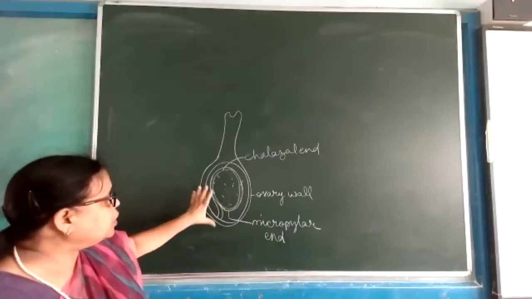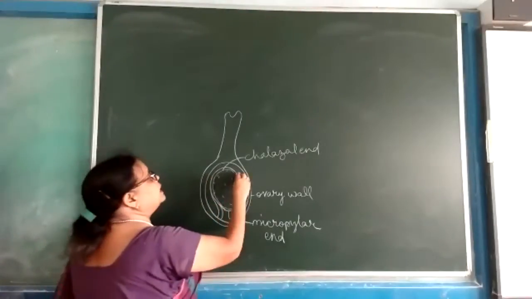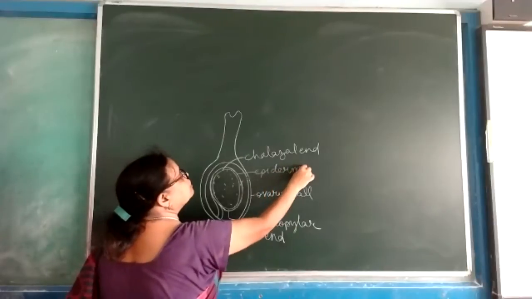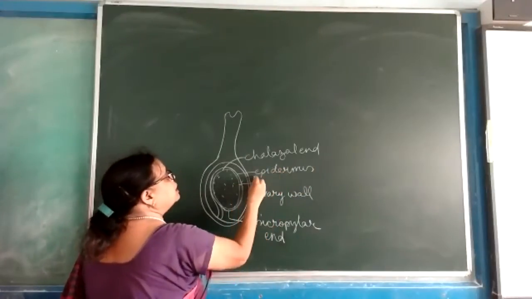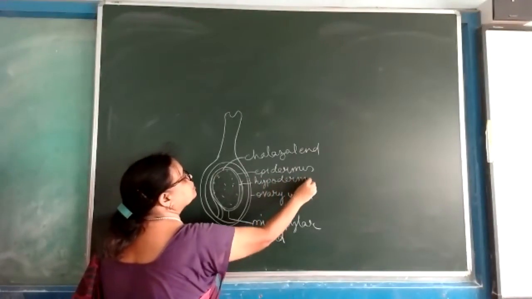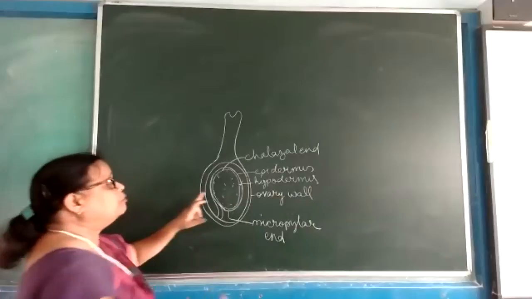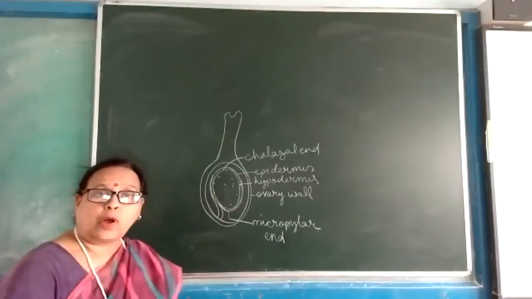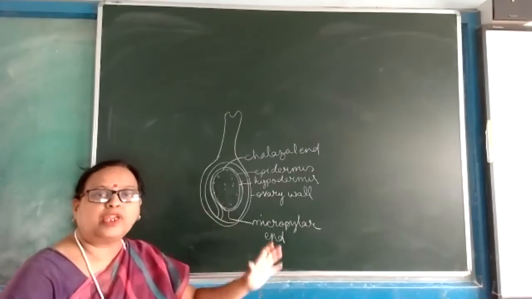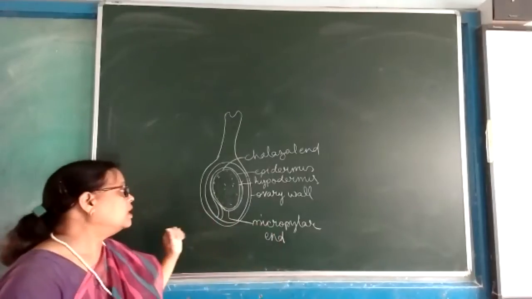Okay. So this ovule is having the outer layer epidermis, inner layer hypodermis. This is the ovule before the formation of the egg, so it is the primary ovule, we can say.